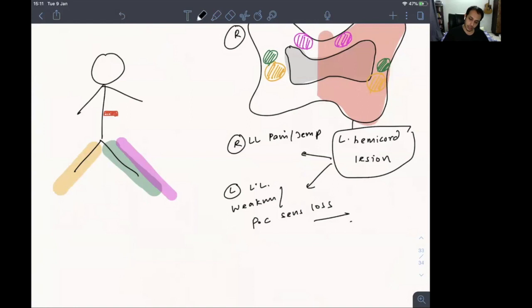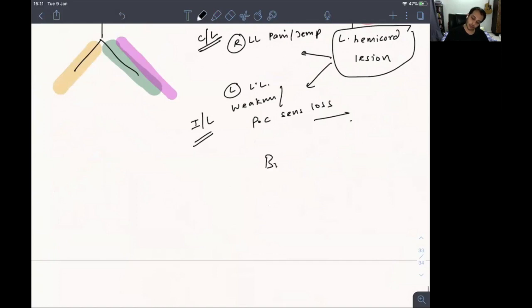So in other words, contralateral pain and temperature, ipsilateral weakness and posterior column sensations. And this is known as Brown-Sequard syndrome.